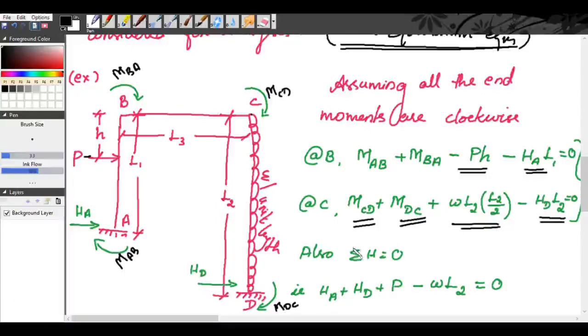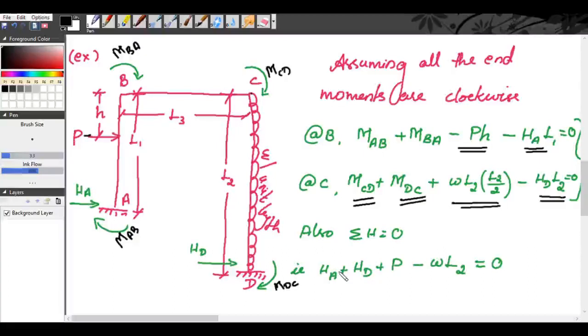And one more condition for horizontal shear, that is summation of all the horizontal forces is equal to 0. So, we get HA plus HD plus P minus W into L2 is equal to 0.